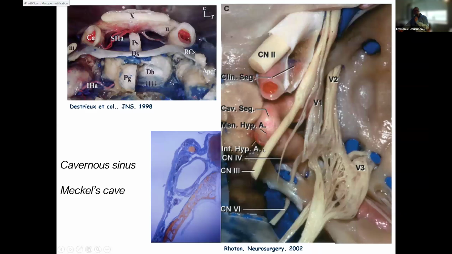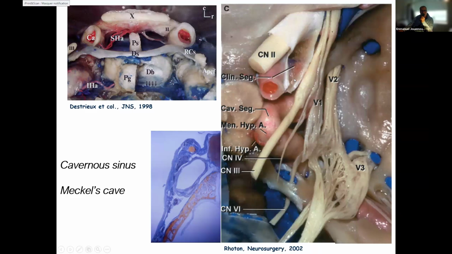Everybody knows the anatomical publications of Rhoton, a very famous anatomist, and we are here inside the pituitary, the temporal fossa. The cavernous sinus is right there, just a triangular shape between the pituitary fossa and the temporal fossa.